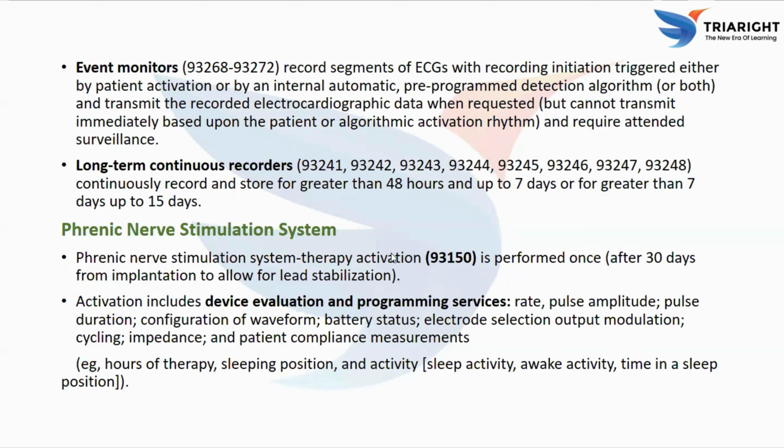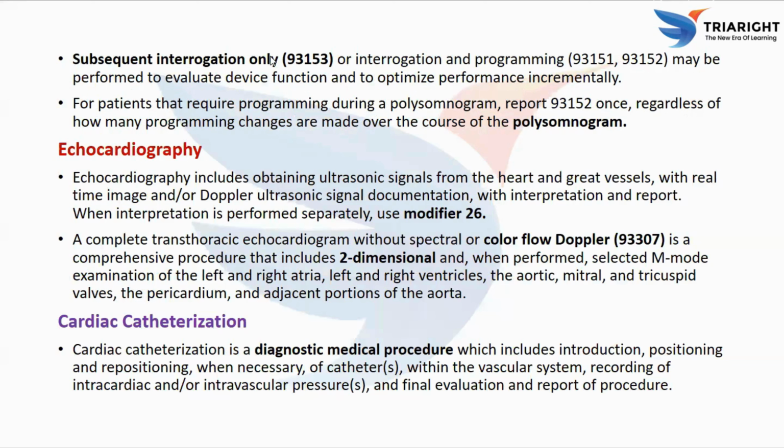So next is phrenic nerve stimulation system. Generally it has device integration and programming. So what are the subsequent device services? After the initial activation, services may be performed to check the device function and fine-tune therapy. In this, the CPT codes explained are 93153, interrogation only.